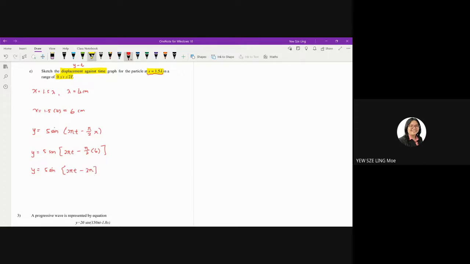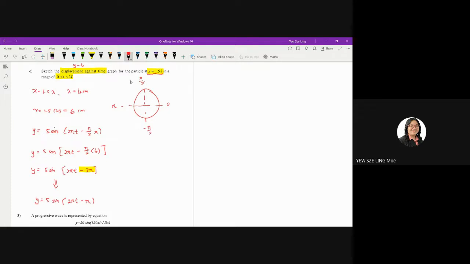Now this minus 3 pi, whenever you have a value that is equal to or greater than 2 pi, you can actually simplify it. This is actually equivalent to y equals 5 sine (2 pi t minus pi). Why do I know it's minus pi? Because if you have a circle, this is a circle where we start from 0. This is pi over 2. This is pi. This is negative pi over 2.